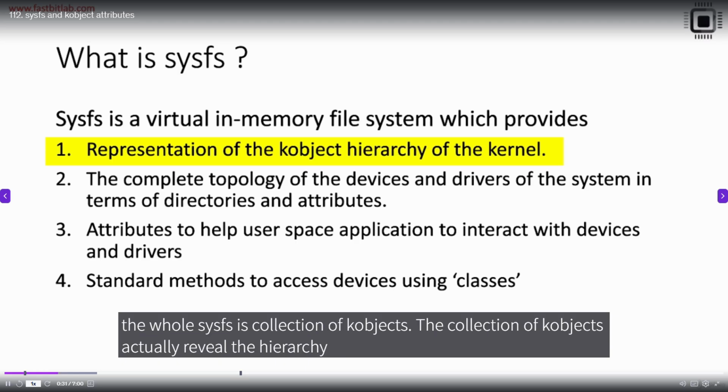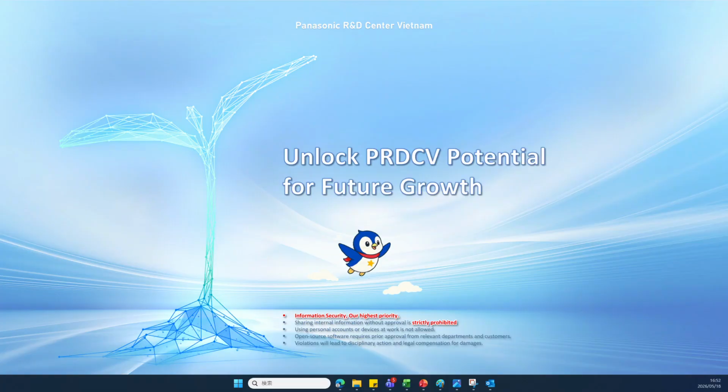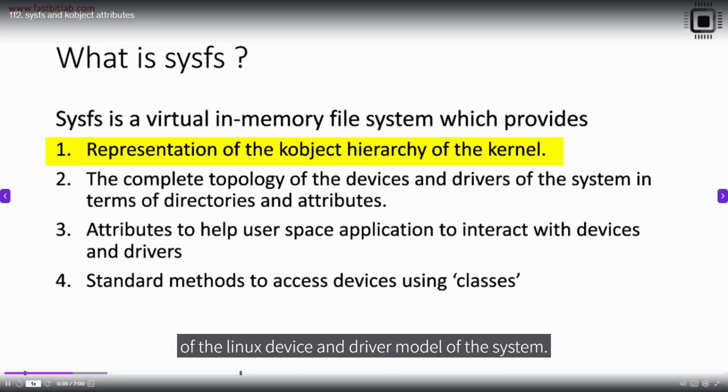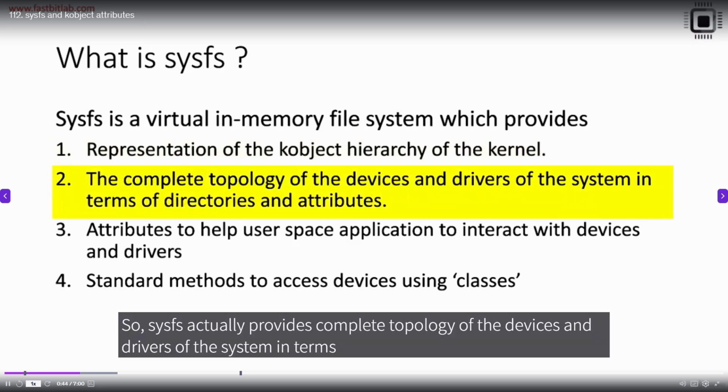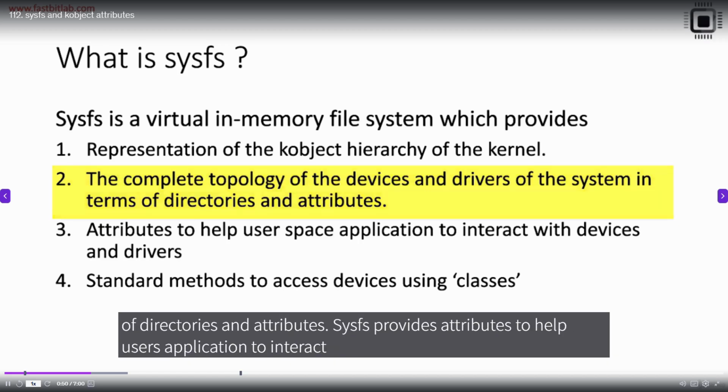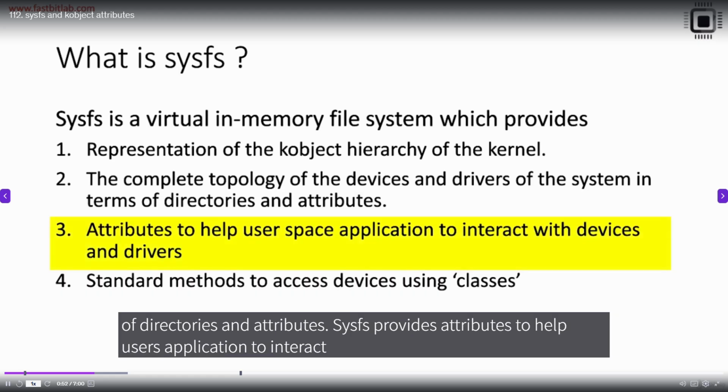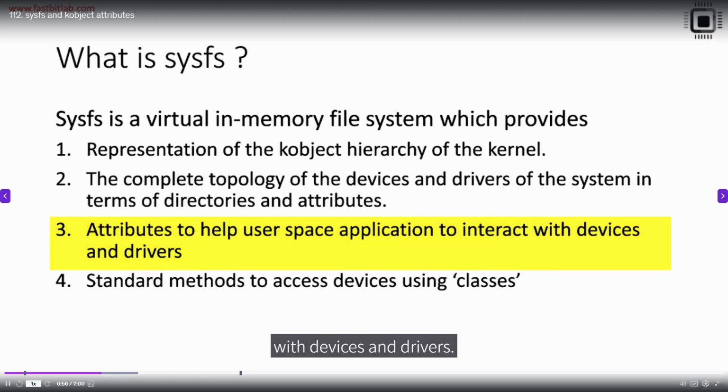Basically, the whole sysfs is a collection of KObjects. The collection of KObjects reveals the hierarchy of the Linux device and driver model of the system. So sysfs provides the complete topology of the devices and drivers of the system in terms of directories and attributes.